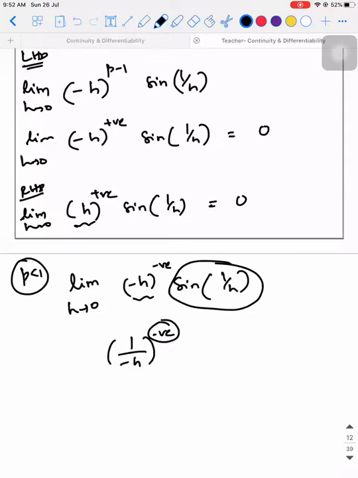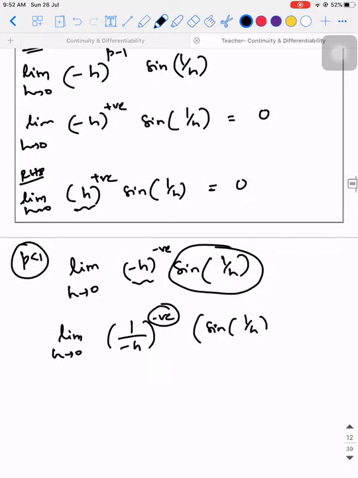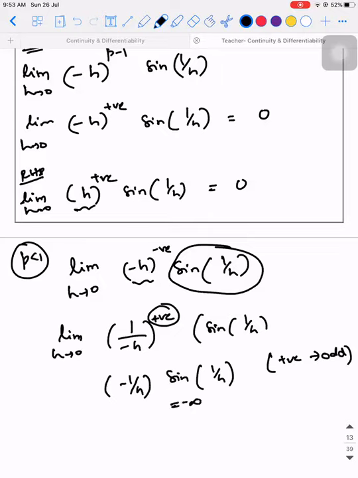Again, it depends on whether that value is even or odd. Had the positive power been an odd number, it will be negative: minus 1 by h into sine 1 by h. So when you substitute 0, it will become minus 1 by 0, that will give you minus infinity.